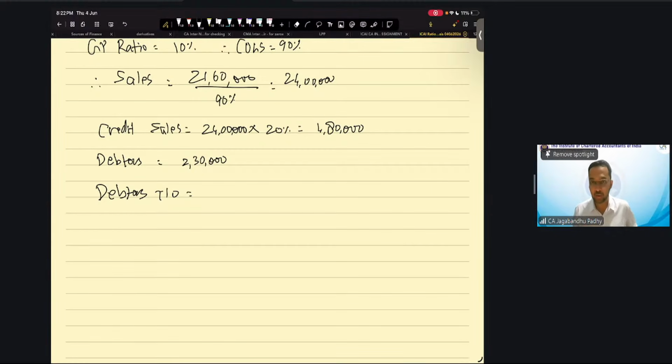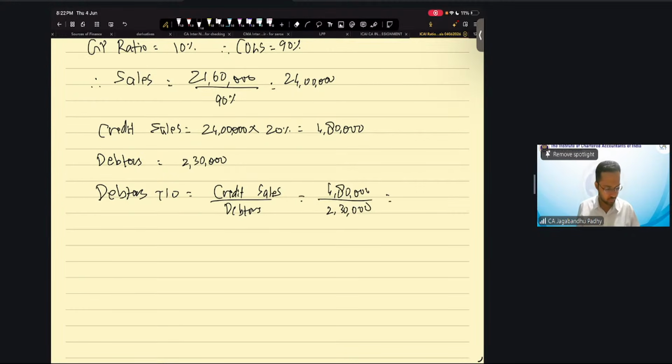Yeah, credit sales 4 lakh 80. What is the debtors turnover? Debtors turnover is what? Credit sales upon debtors, which is 4 lakh 80,000 divided by 2 lakh 30,000.